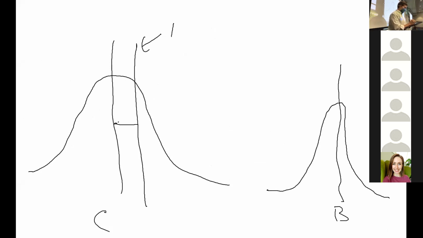This represents one standard deviation above, and here you've got one standard deviation above. You're getting a wider standard deviation here for Caribou than you have for Boston.